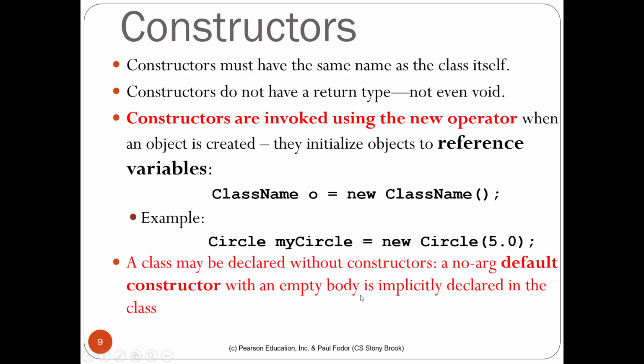So that will be implicitly defined in your class. You will have a constructor which is called the default constructor, and it's a no-arg constructor. Anyway, Java will do that for you, but this is very minimal. You might be required to write a constructor for your class.